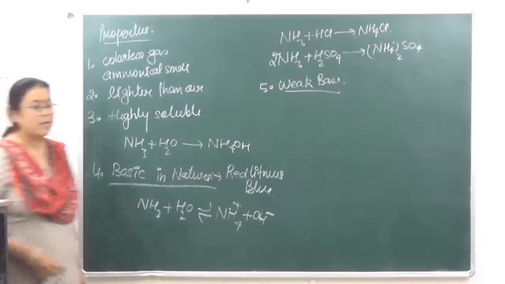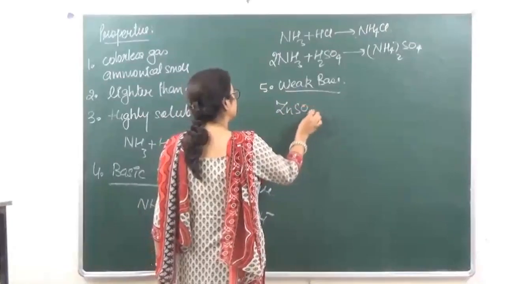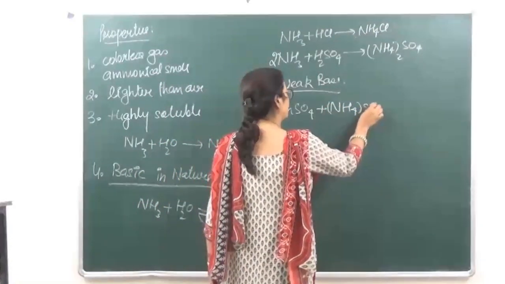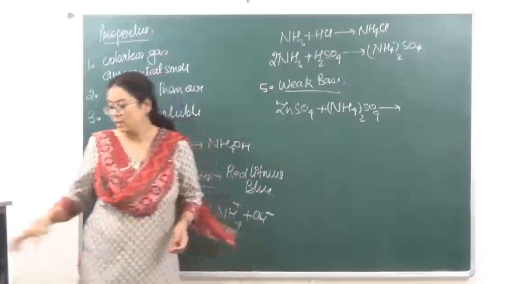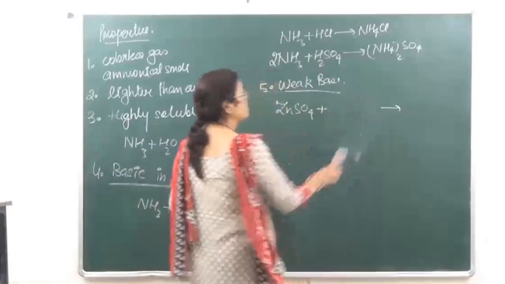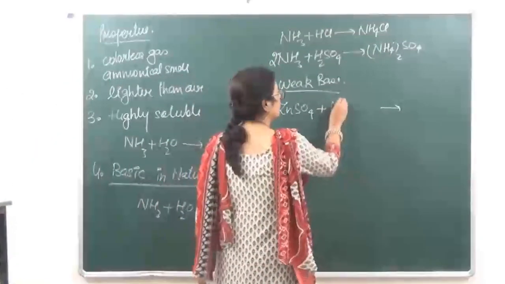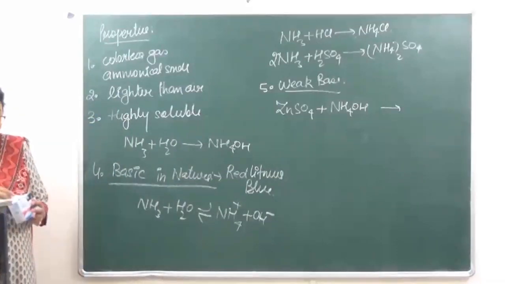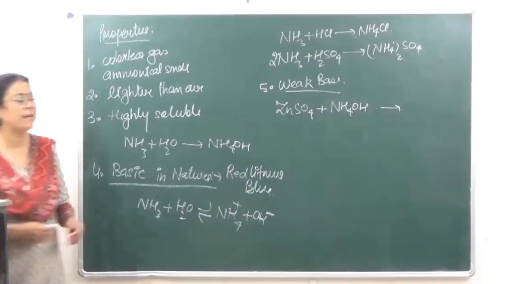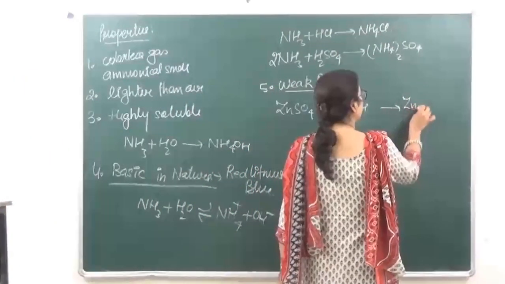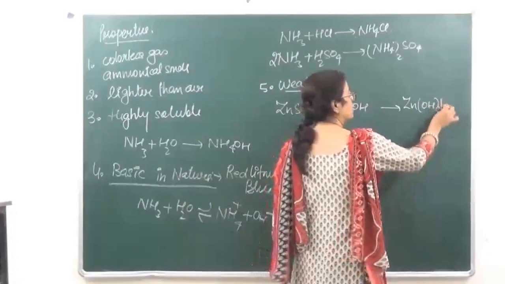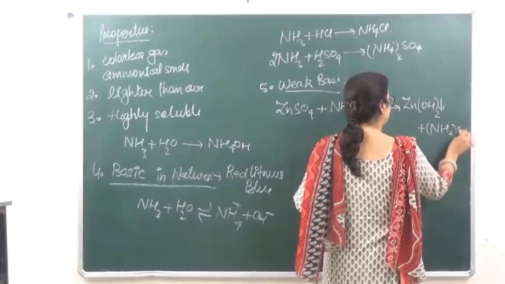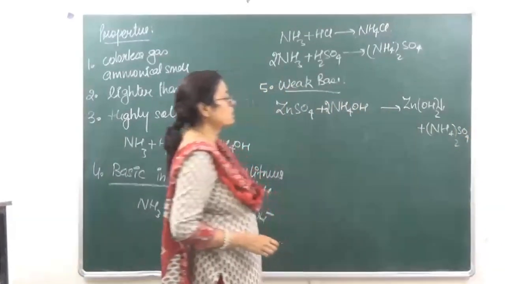For example, if it is reacting with zinc sulfate and we are taking the aqueous solution of ammonia, NH4OH, we get a white precipitate of zinc hydroxide, and we get ammonium sulfate.